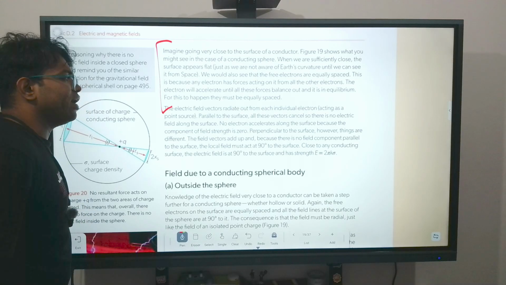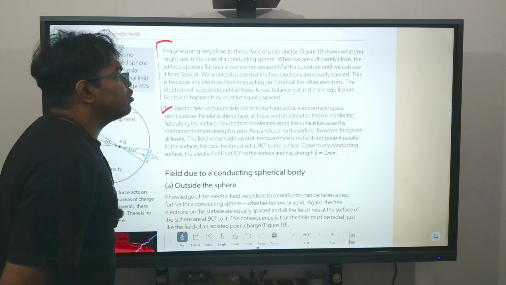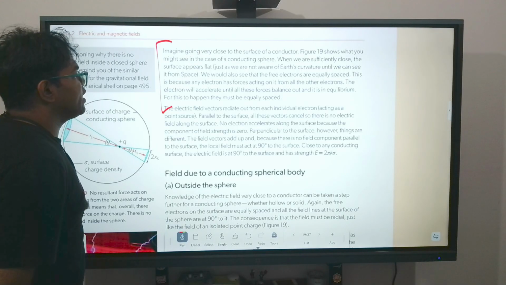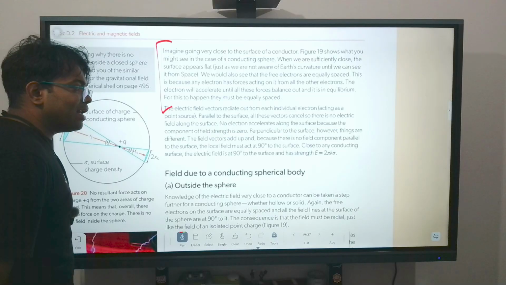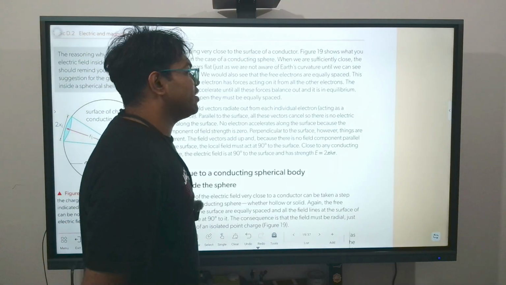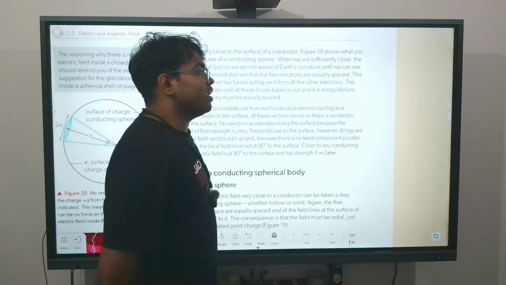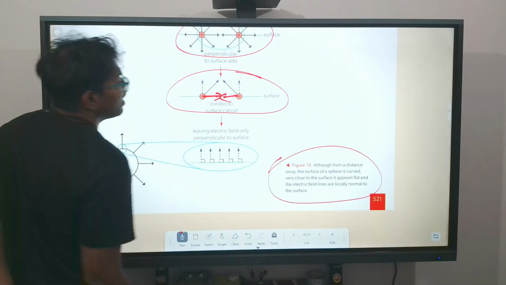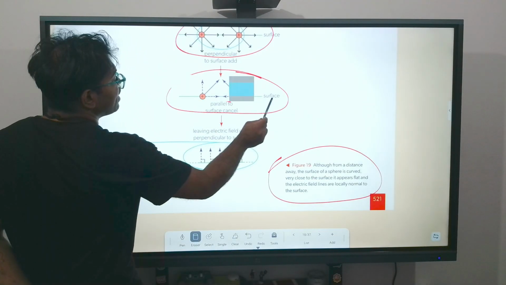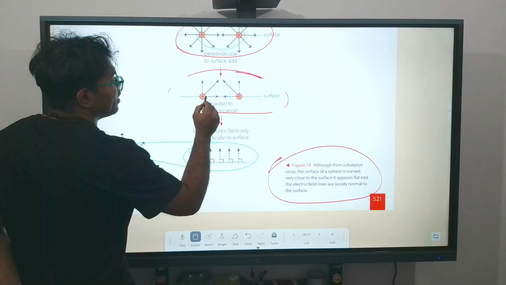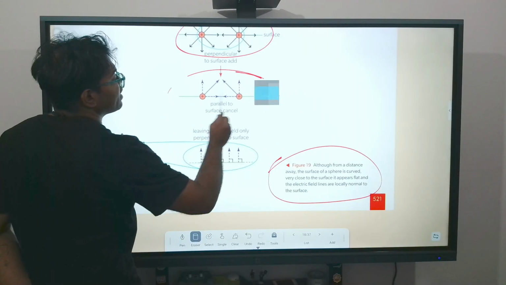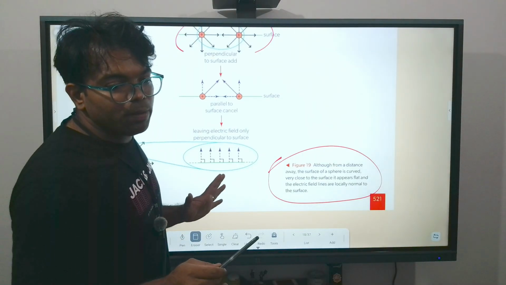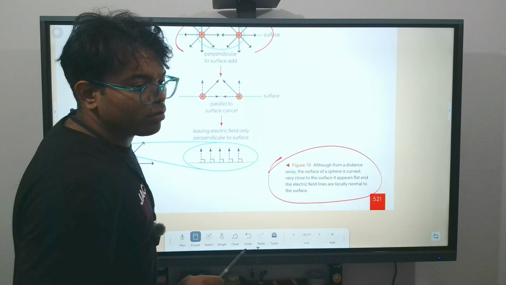The electric field vectors radiate out from each individual electron, acting like a point source. Parallel to the surface, all the vectors cancel each other out. So there is no electric field along the surface. If there is an electron here and an electron here, both of them will be producing electric field perpendicularly and horizontally.